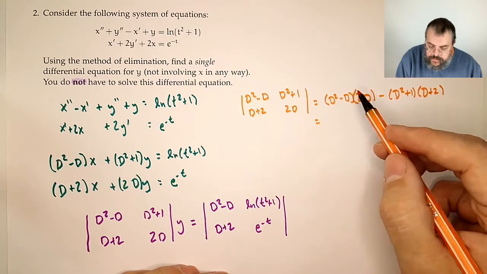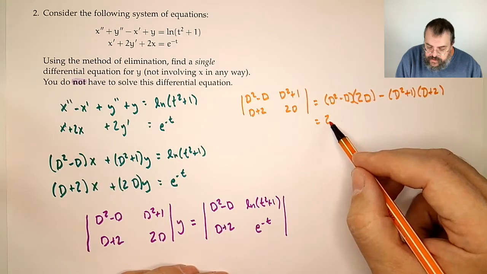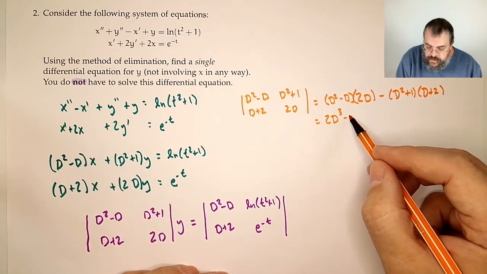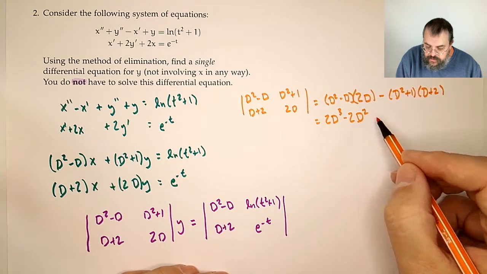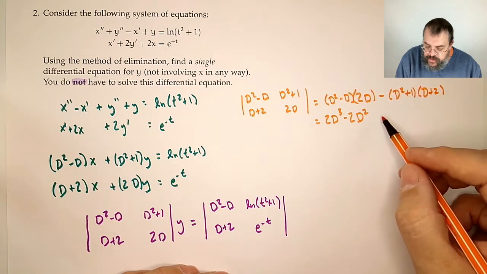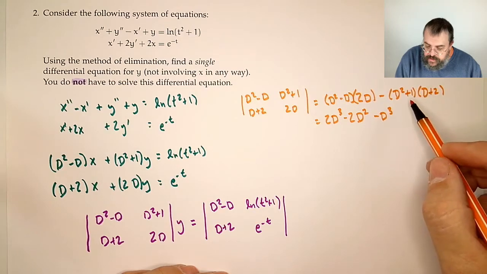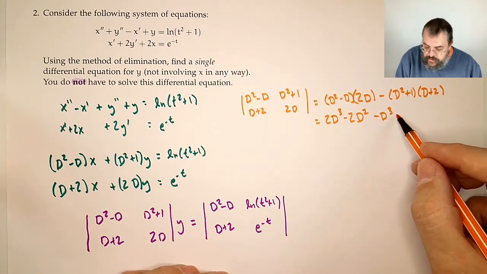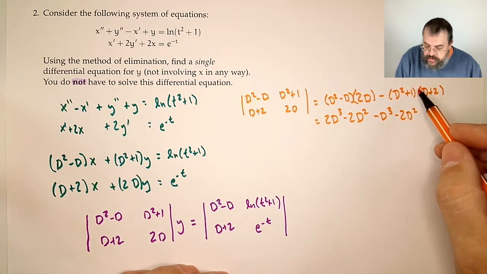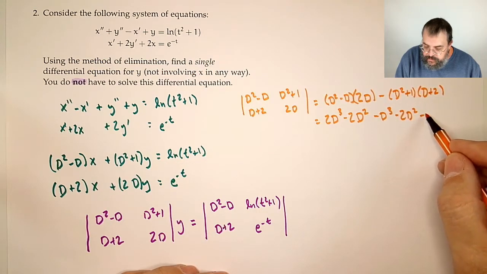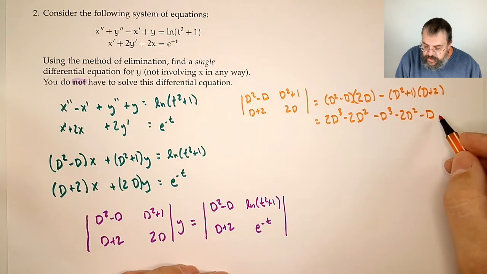And we're going to do some multiplication. So we'll get 2D cubed minus 2D squared. Then here, minus D cubed, and then you're going to get D squared, so subtract D squared, and then plus D, but there's a subtract, and a minus 2.